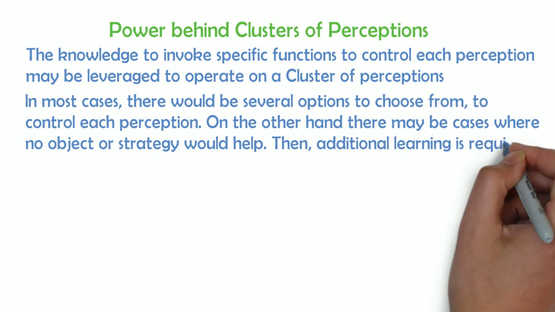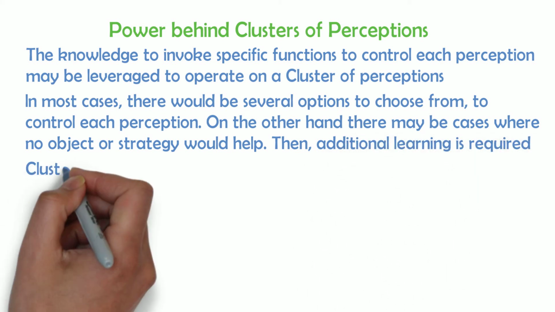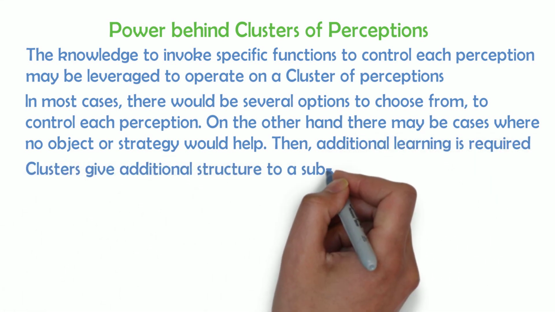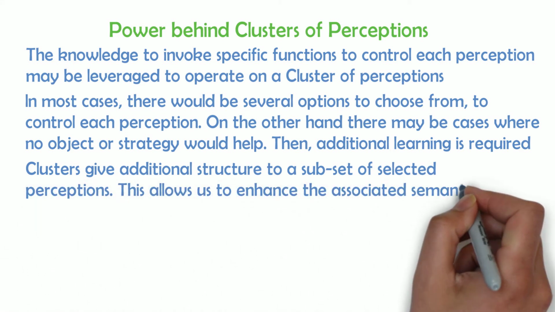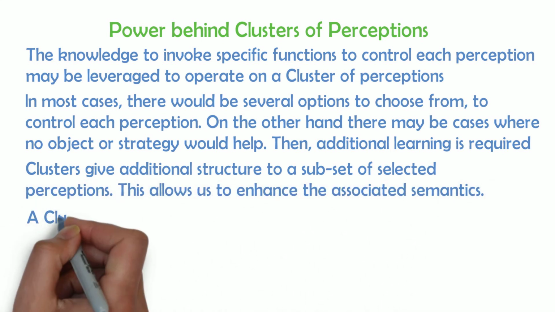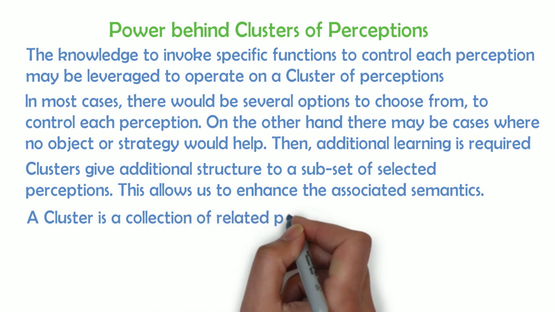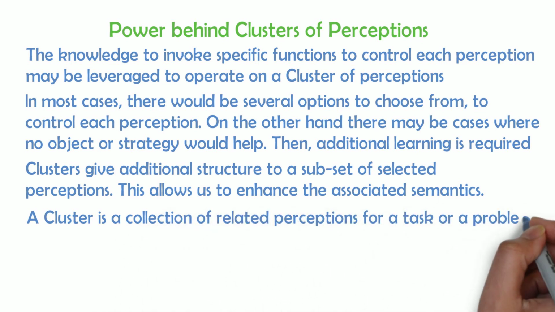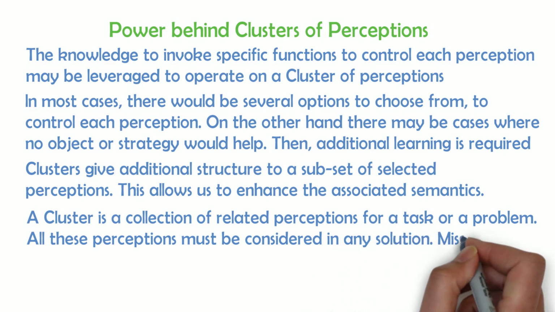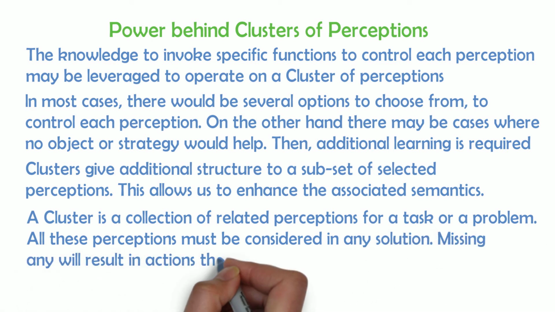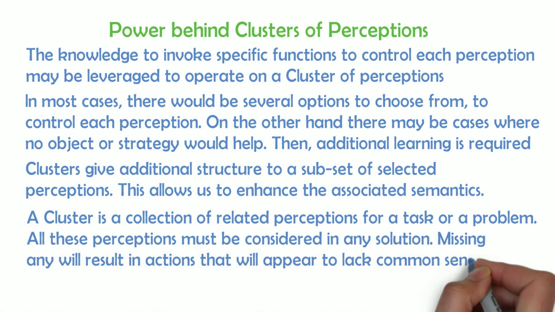Then, additional learning is required. Clusters give additional structure to a subset of selected perceptions. This allows us to enhance the associated semantics. A cluster is a collection of related perceptions for a task or a problem. All these perceptions must be considered in any solution. Missing any will result in actions that will appear to lack common sense.